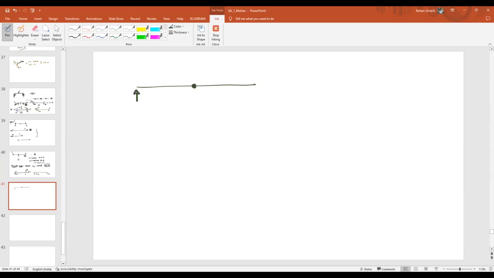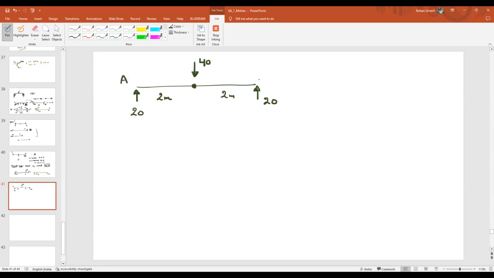Here the reaction I am getting is 20. Here the reaction I am getting is 20. Here the reaction I am getting is 40. Let me look at it once again. Here the distance is 2 meters and here the distance is 2 meters.